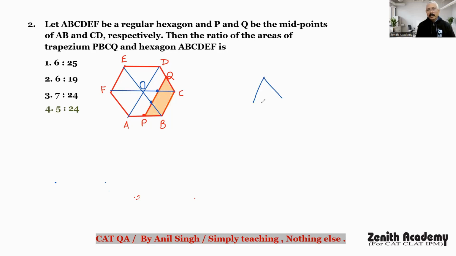So we know in an equilateral triangle, if we connect the midpoints, then these four equilateral triangles divide this biggest equilateral triangle into four equal areas, A, A, A. So suppose it is 4A. Okay.